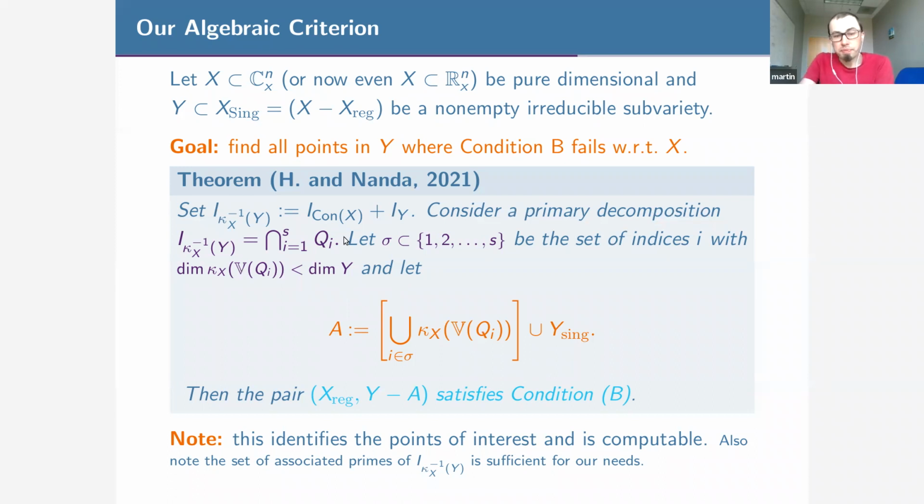And this ideal of the fiber is just an ideal, and in the next slide I'll show you how you get the ideal of the conormal space. And then a primary decomposition we can compute. Actually, strictly speaking, we don't need the actual primary decomposition. The associated primes are enough because we just need to check dimension, and a primary ideal and its radical have the same dimension.